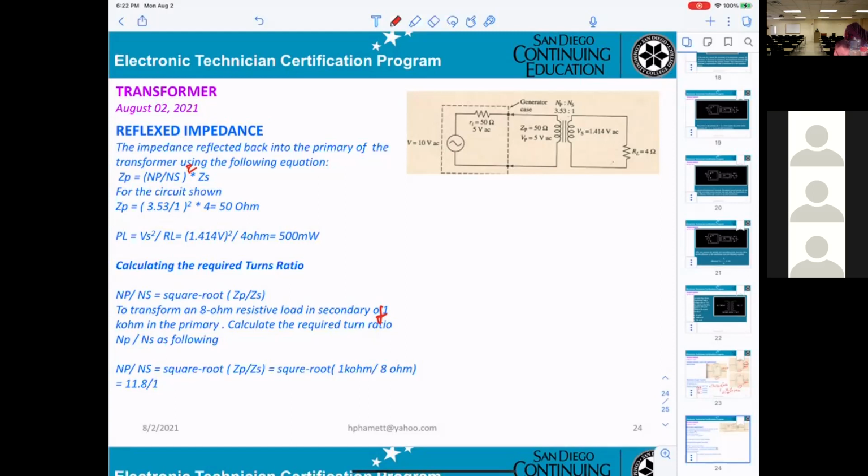NP over NS, you get the square root of ZP over ZS, and that will be the square root of 1 kilo ohm divided by 8 ohm. So they give this to you, this is the ratio. But this one is not important to you. That's for a designer, they want to design something and match the load using the transformer. However, we do not design anything.